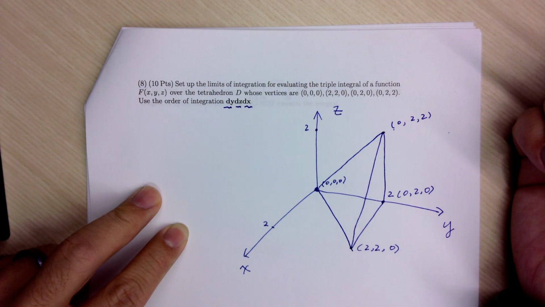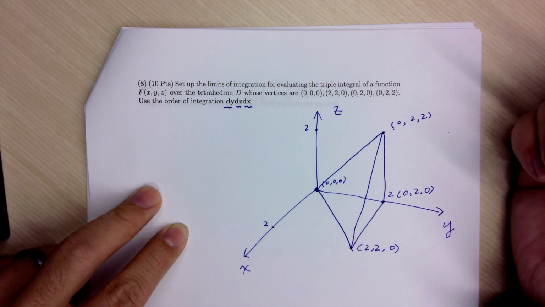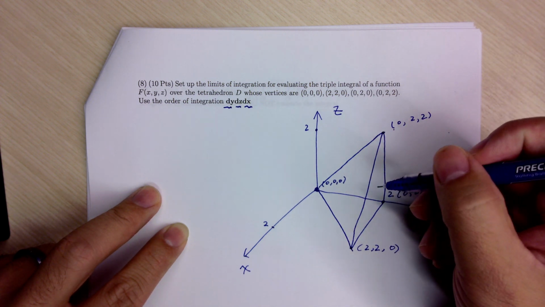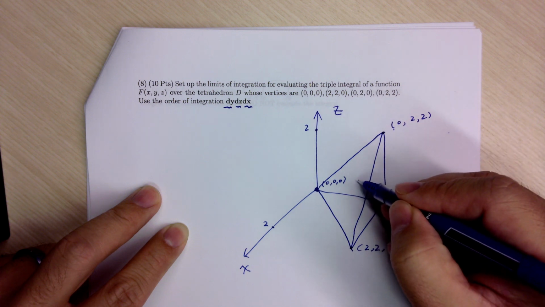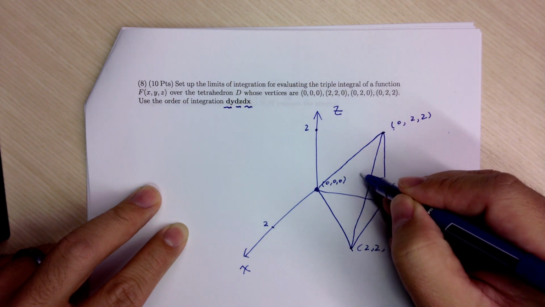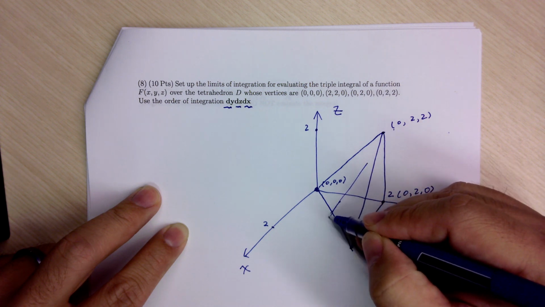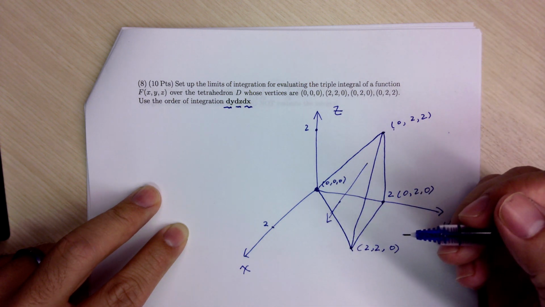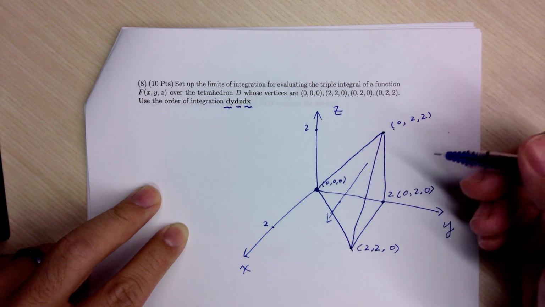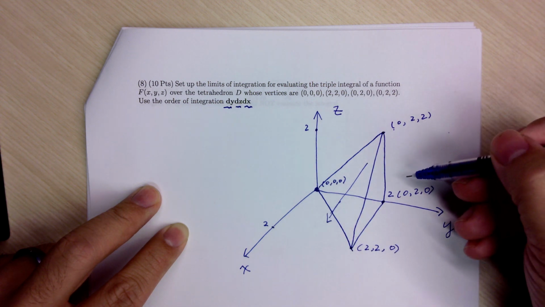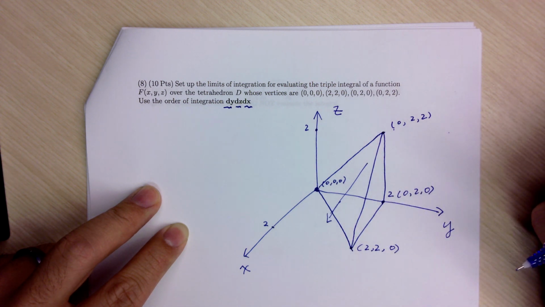So as you can see, if you want to draw a dy and dz, basically you can think of setting up an arrow along this direction, and then of course this arrow enters with y.